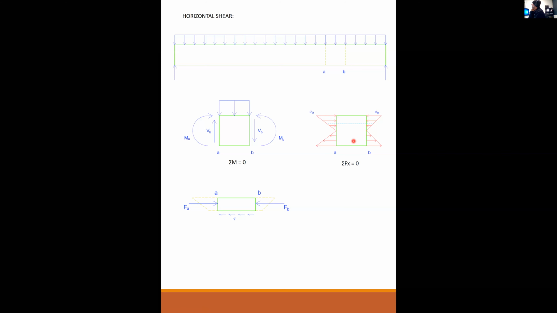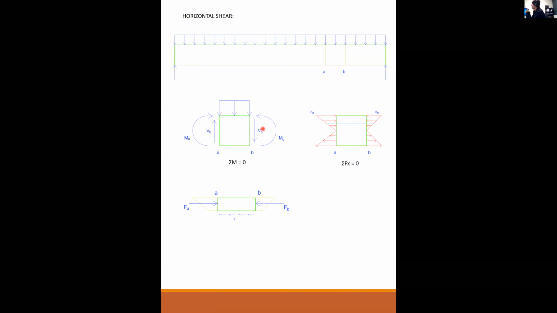What about Fy? Okay, fair question. What about Fy, the sum of the forces in the y direction? That's not really pertinent to horizontal shear, but the sum of the forces in the y absolutely has to equal 0, which means that VA plus some uniform load is equal to VB.